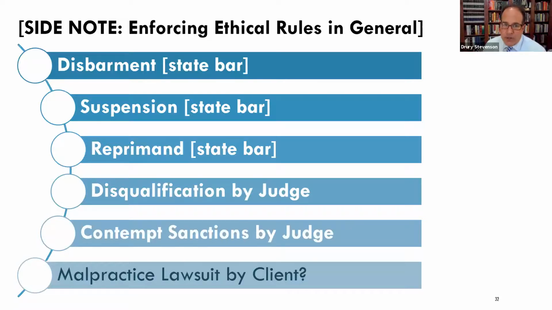Instead, they're primarily enforced through disqualification and civil legal malpractice lawsuits by the client. And so this in itself can have really serious consequences. Some rules can also be enforced by contempt sanctions by the judge.